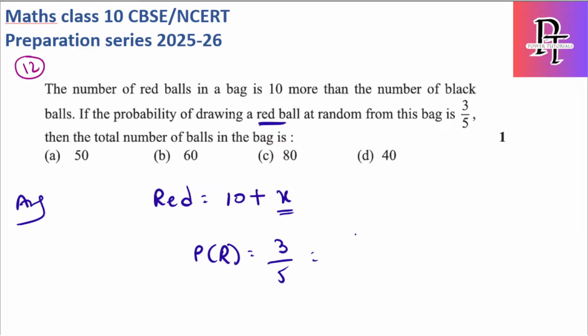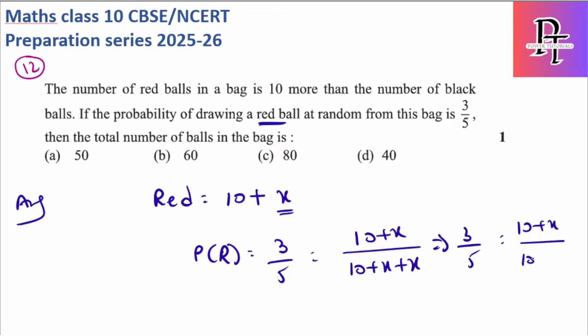This I can say is nothing but 10 plus x, the winning cases of red, but the total cases become 10 plus 2x because we have black balls as well, and black balls I am considering as x. So this I can say is nothing but 3 by 5 is equal to 10 plus x by 10 plus 2x.